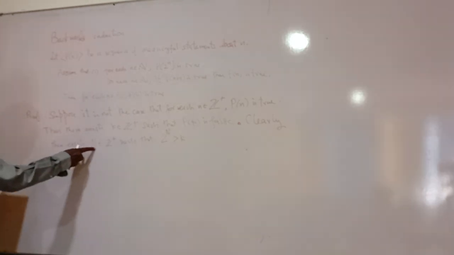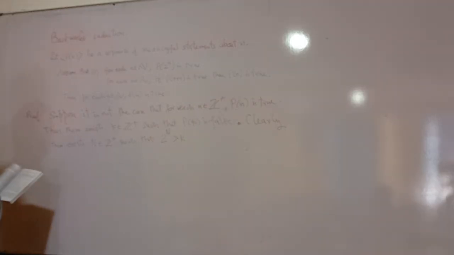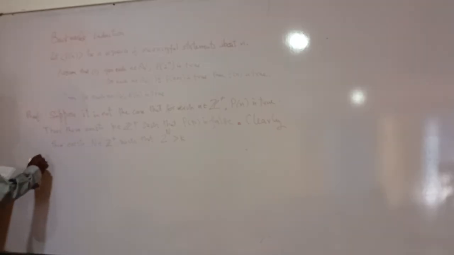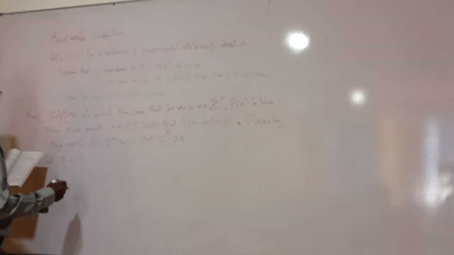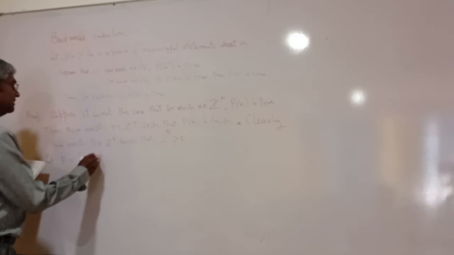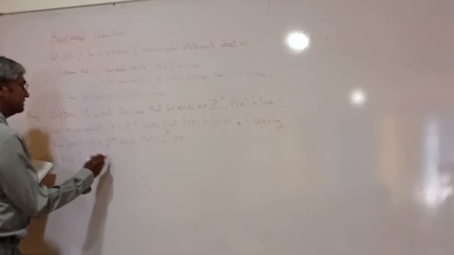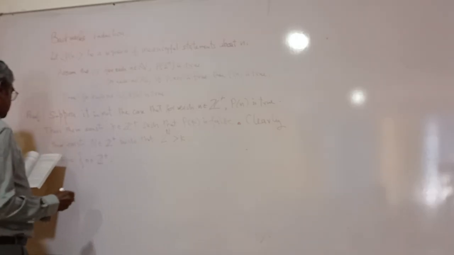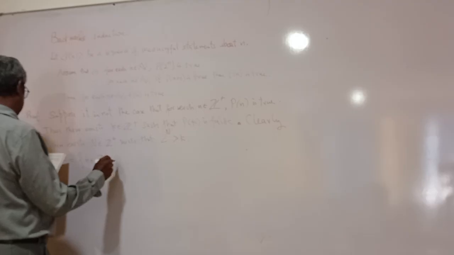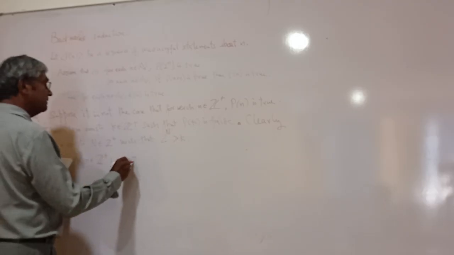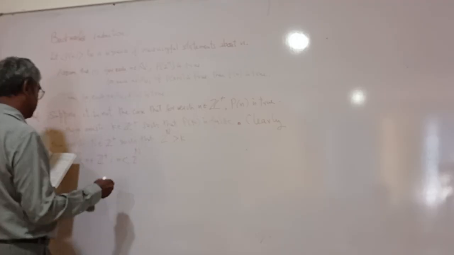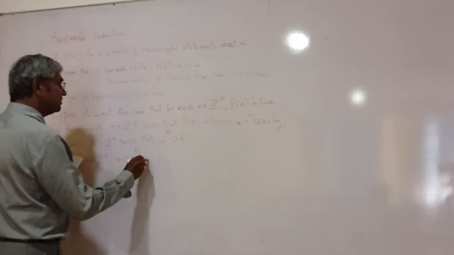This one is a trivial thing. Clearly there exists capital N belongs to Z plus such that 2 to the n is greater than k. Again, go to the same thing. Let capital F be the set of all n belongs to Z plus such that n is less than 2 to the n, and Pn is false.